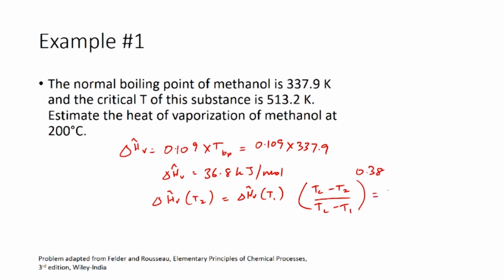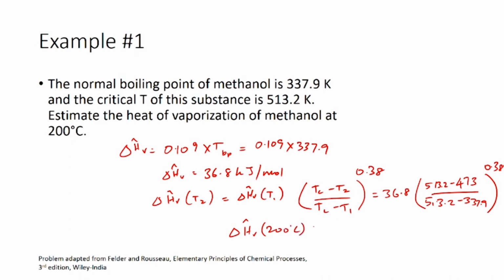So, this would be 36.8 times 513.2 minus 473 divided by 513.2 minus 337.9, to the power of 0.38. Using this we get the heat of vaporization for methanol at 200 degrees Celsius as 21 kilojoules per mole.